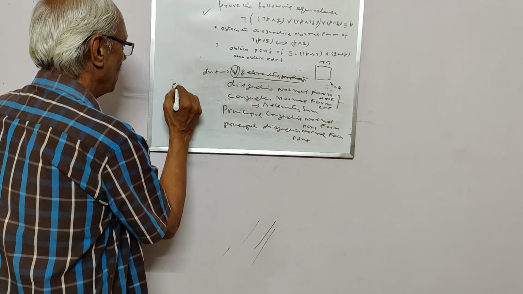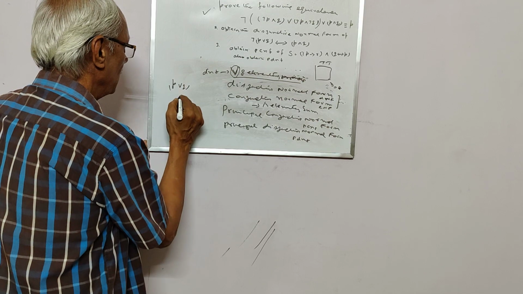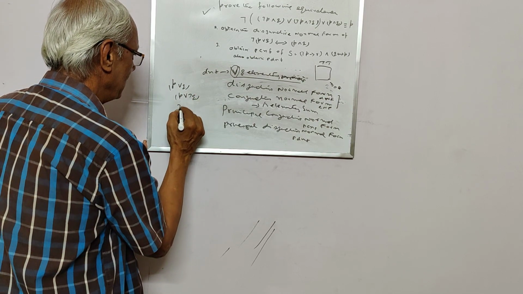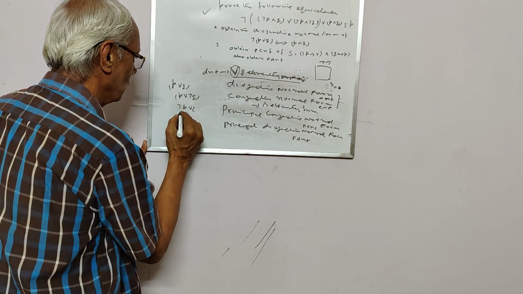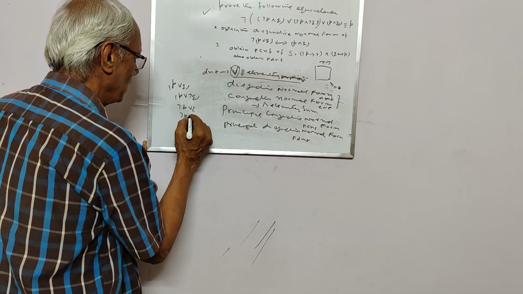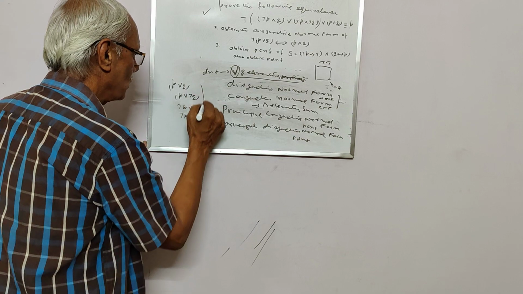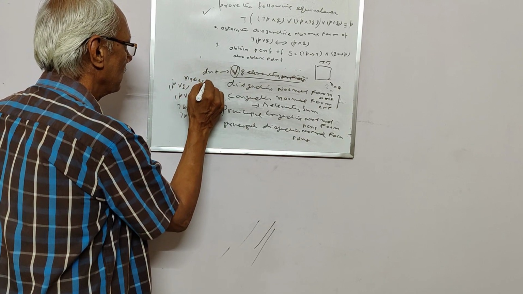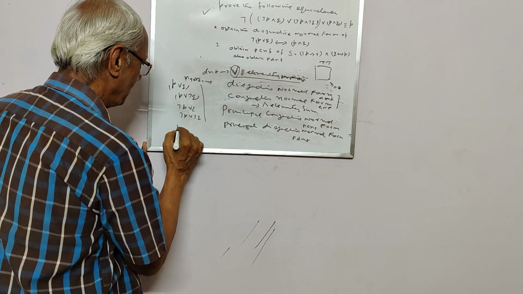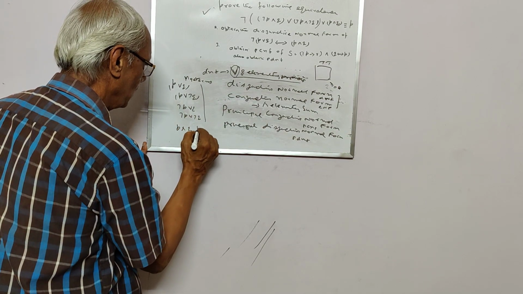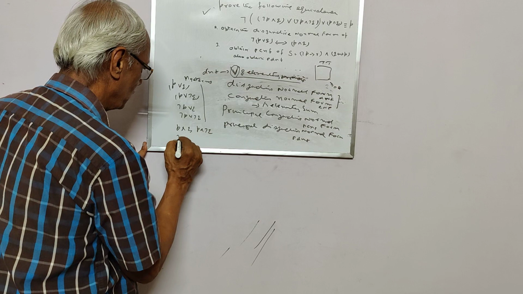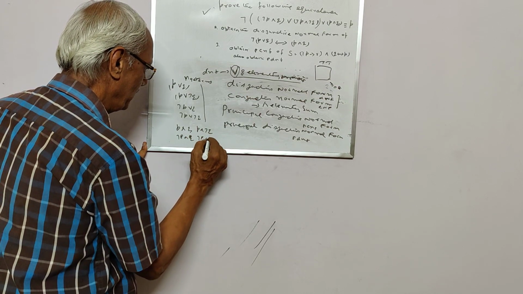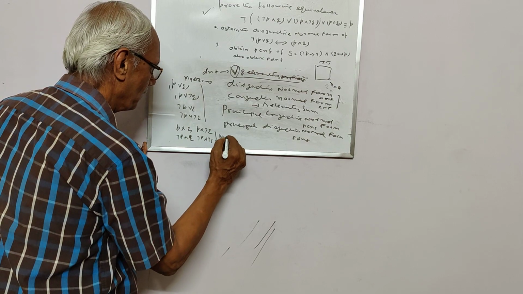P union Q, P union negation Q, negation P union Q, negation P union negation Q. These are called max terms. And P intersection Q, P intersection negation Q, negation P intersection Q, negation P intersection negation Q. These are called min terms.